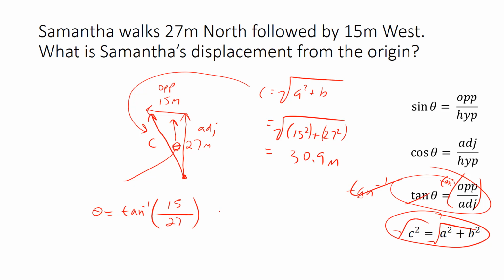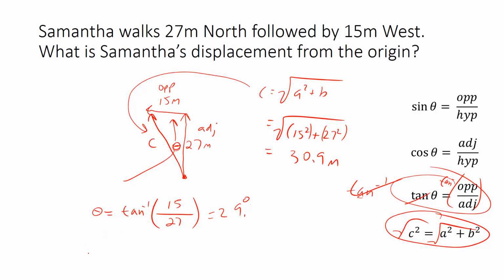And if you're wondering why it is, go back and check your mode to see if your mode is in degrees. And inverse tangent of 15 over 27 is 29.05. So let's go ahead and say 29 degrees. So that right there is 29 degrees.